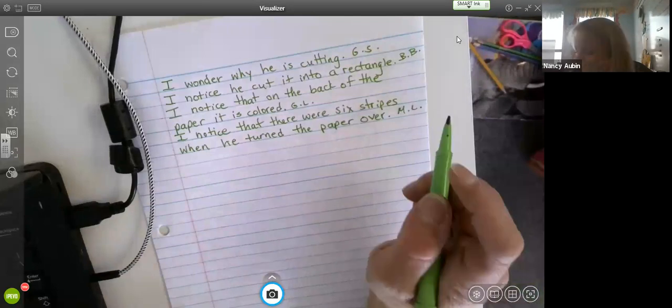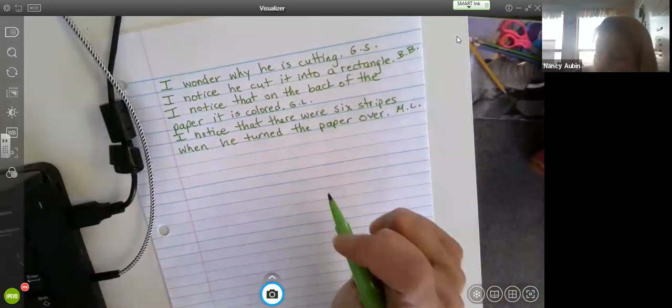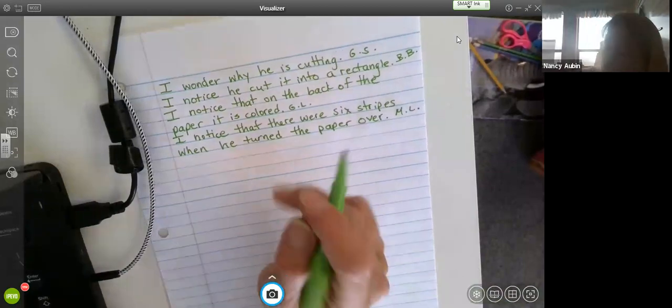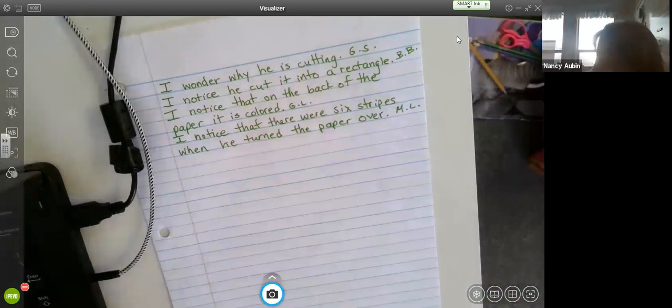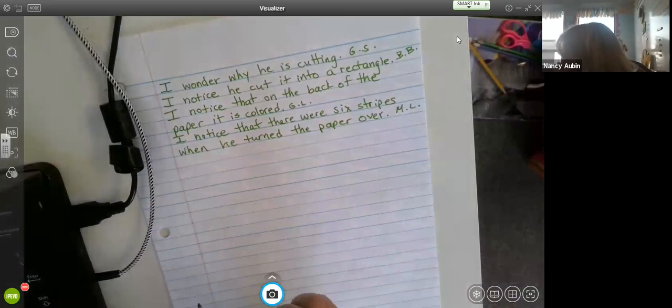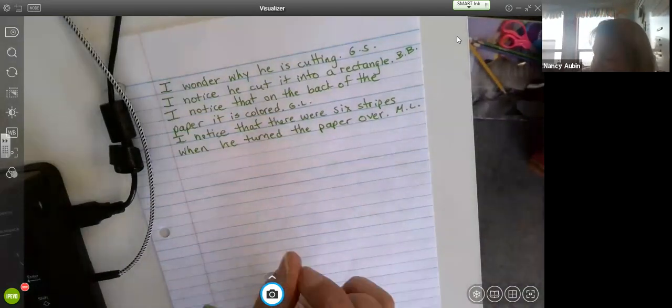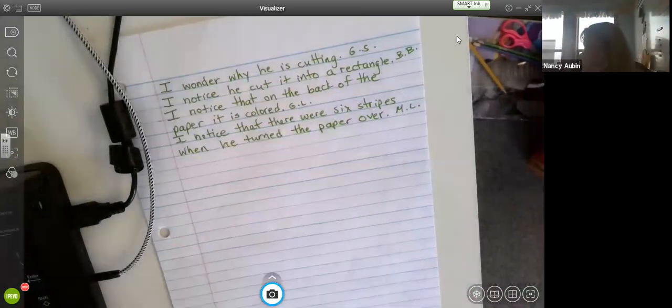Charlie. Okay, so we did get that. He cut the paper, so we have that. Thank you, Serne. So yours is why is he cutting? So we noticed that he cut it into a rectangle. She's wondering why. Go ahead, Lila Maris.